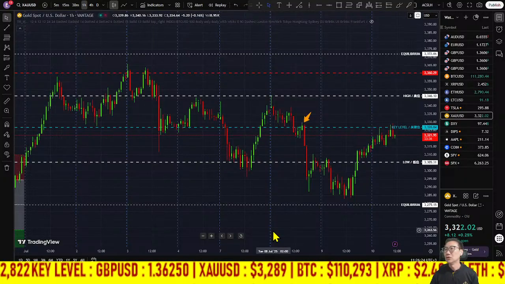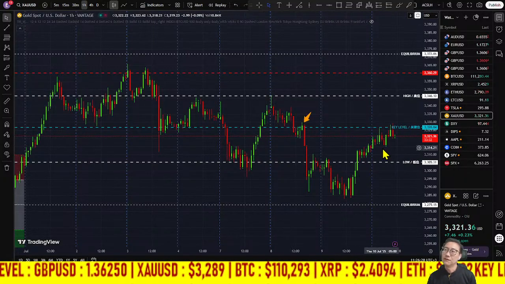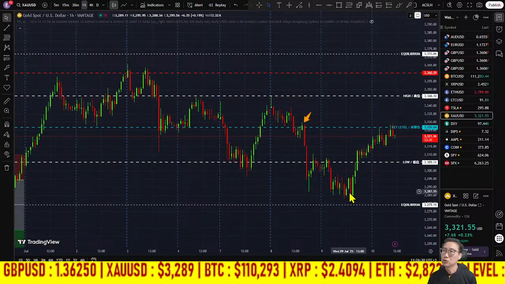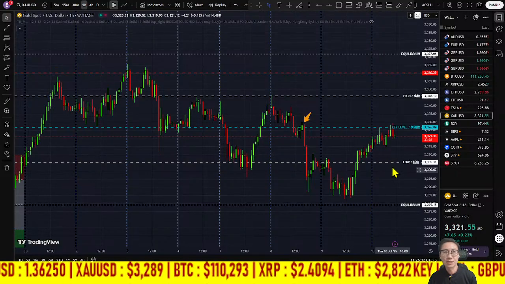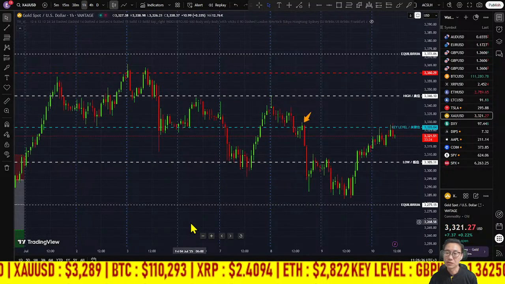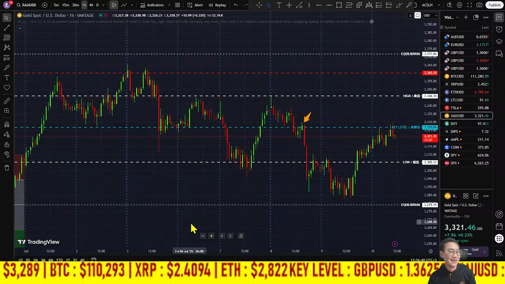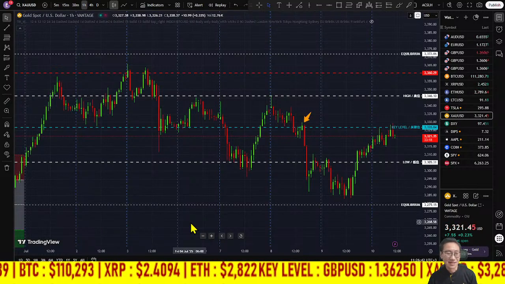If the selling comes, the first target to see will be 3305. 3305 over here will be the first target for the selling to take your profit.